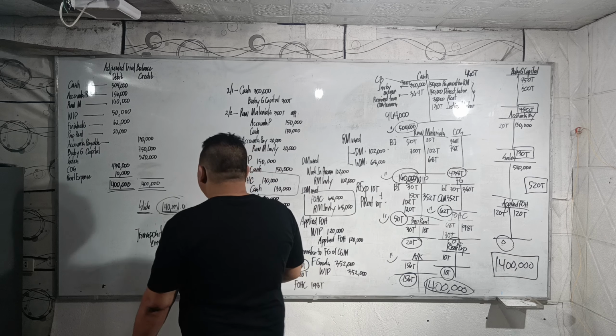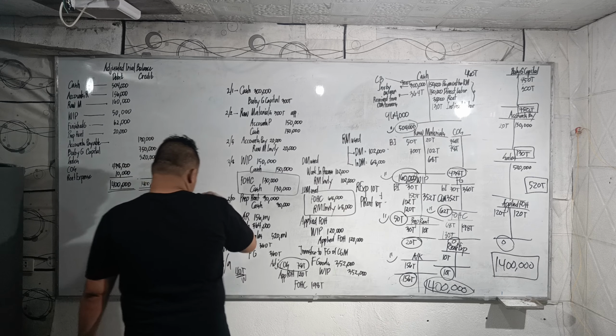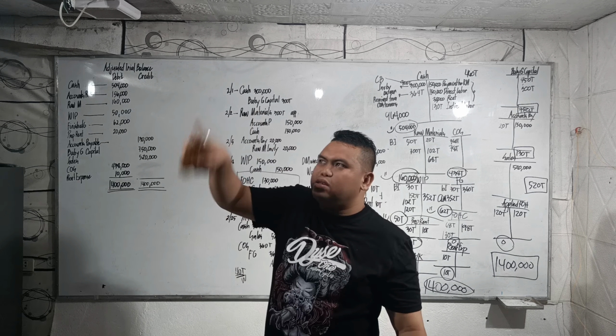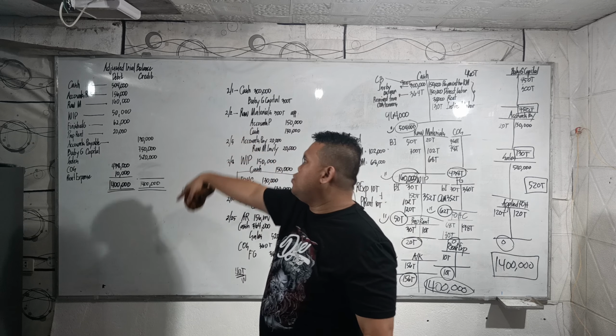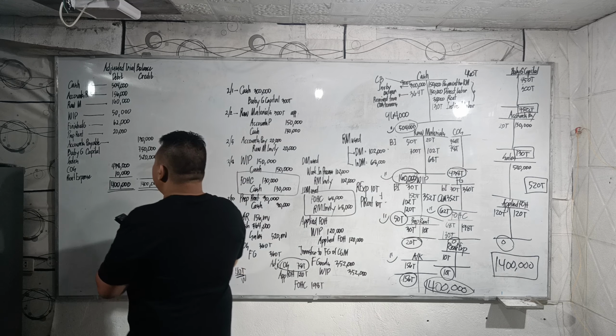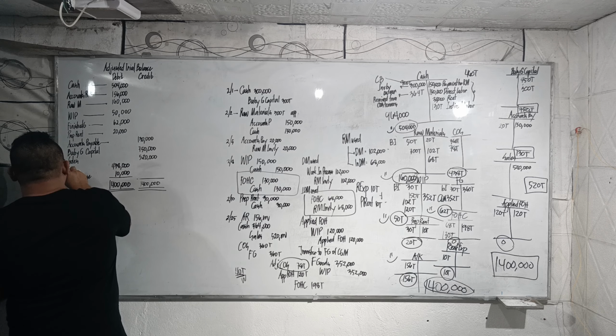Let's complete the worksheet. So again, we will not start with the unadjusted trial balance. We started with the adjusted trial balance. So you just have to classify the expenses side.